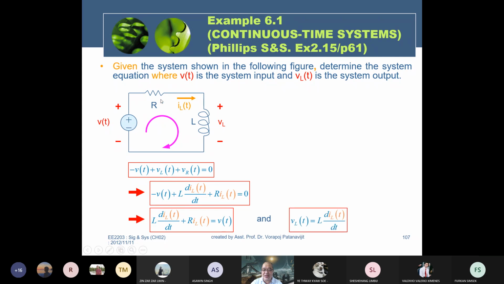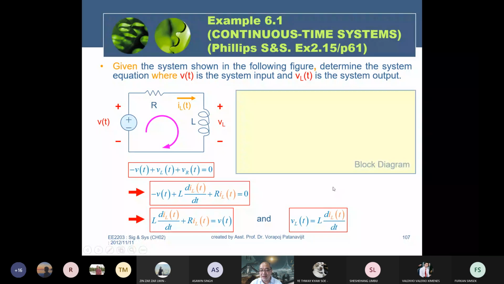The voltage of the resistor can be written from Ohm's law as I R. The voltage across the inductor can be expressed as L di/dt. You can see that this is a single equation that expresses the relationship between the input and the output, and the output voltage can be written in terms of the inductor voltage L di/dt.